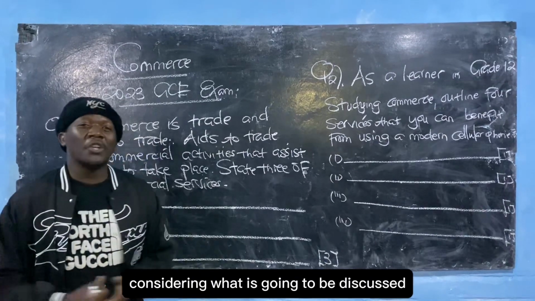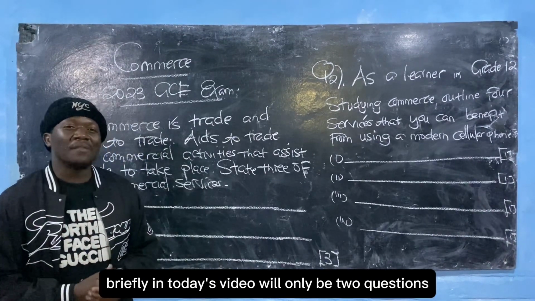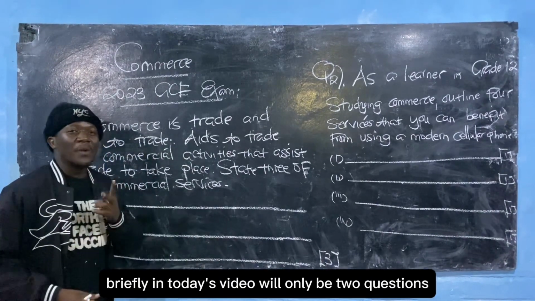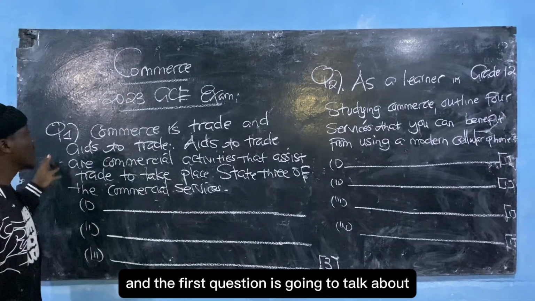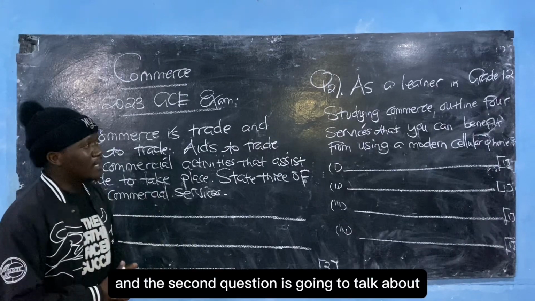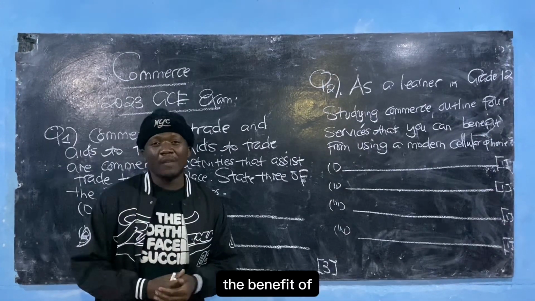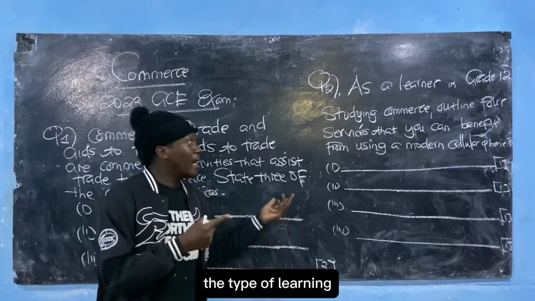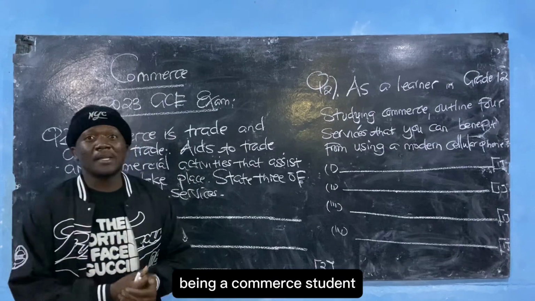Considering what is going to be discussed briefly in today's video, there will only be two questions. The first question is going to talk about aids to trade, and the second question is going to talk about the benefit of the type of learning being a commerce student.